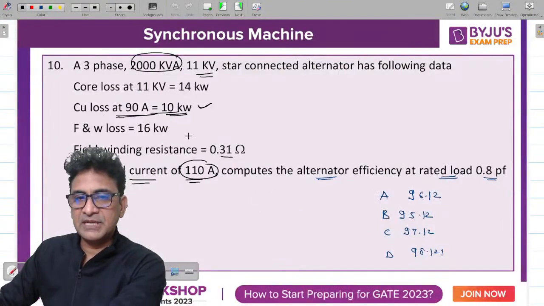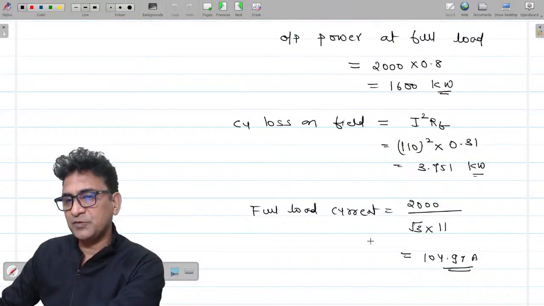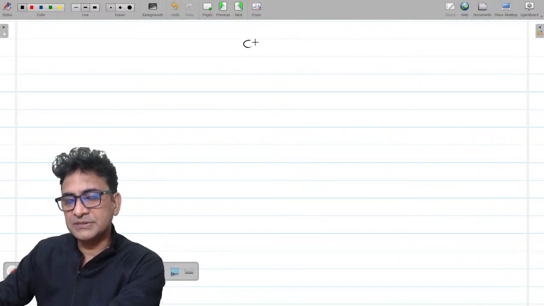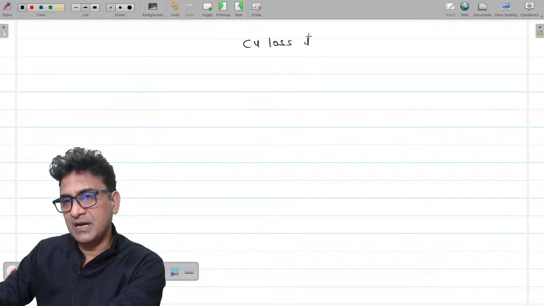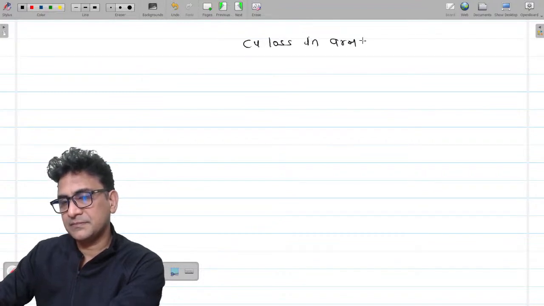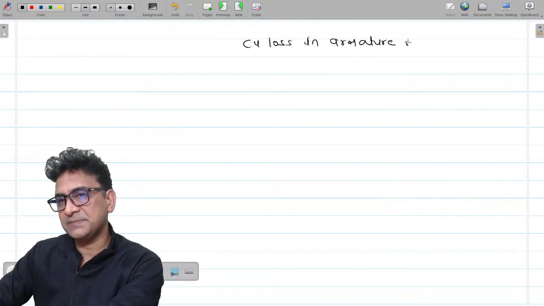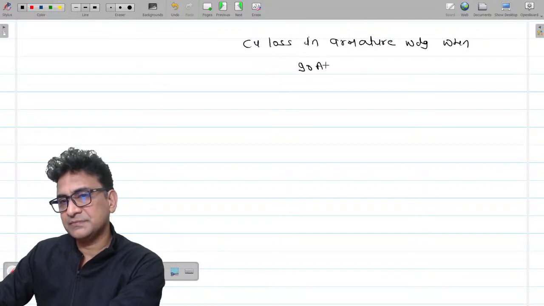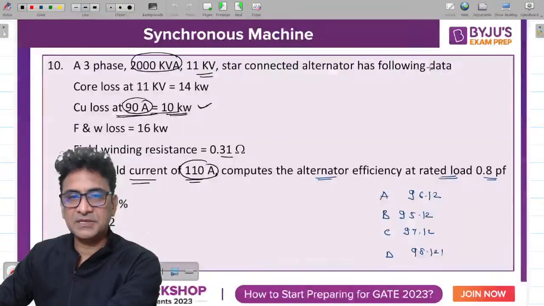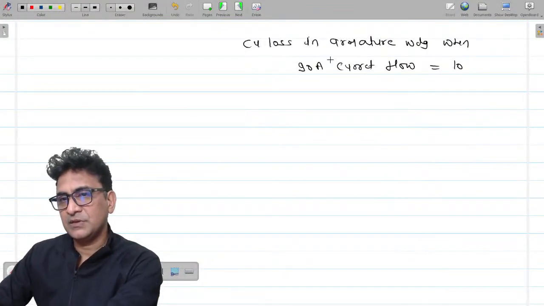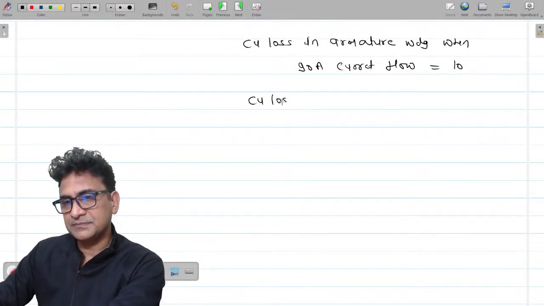We know the copper loss in armature winding when 90 ampere current is flowing. So you have to find out what would be the copper loss when 104.97 ampere current is flowing. So copper loss in armature winding. Armature winding means the winding that is placed on the stator. When 90 ampere current flows, it is given in the question, it is 10 kilowatt. So what will be the copper loss when full load current flows?